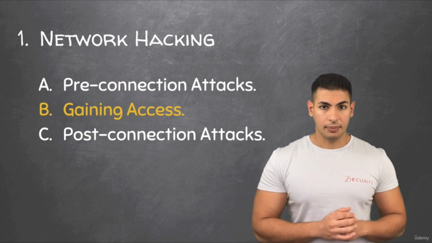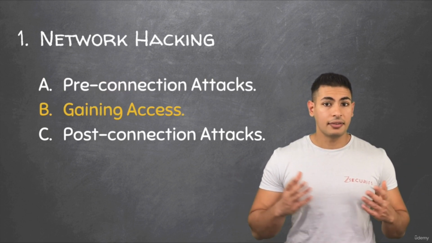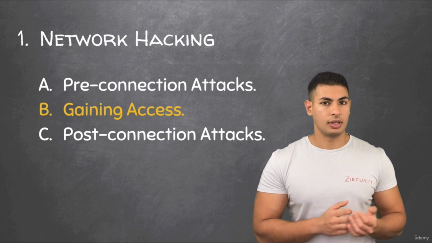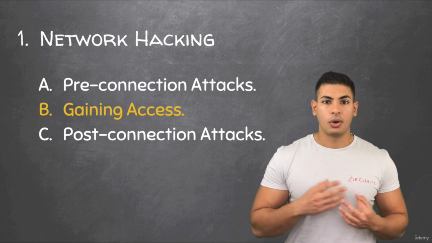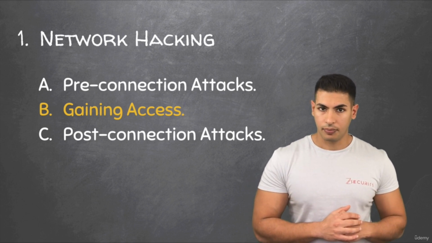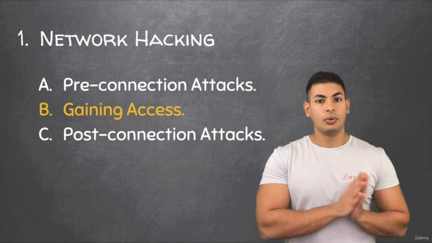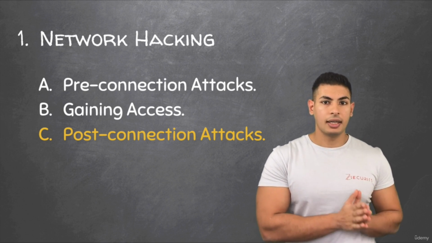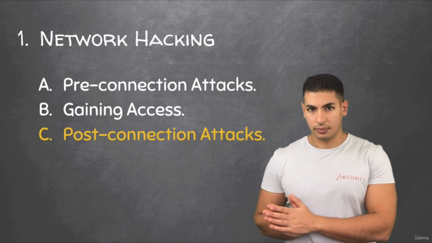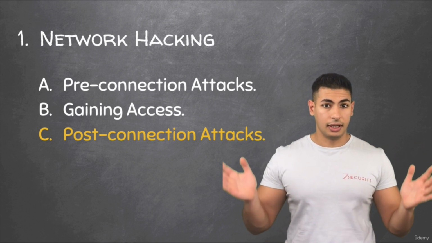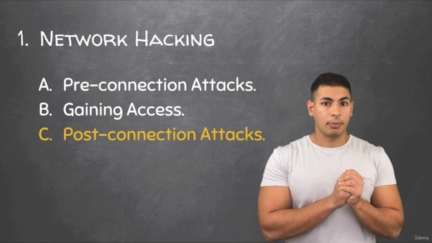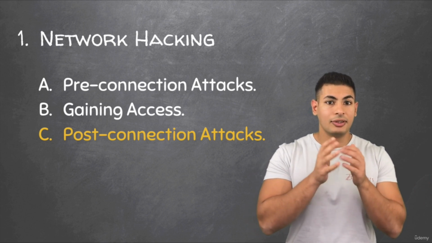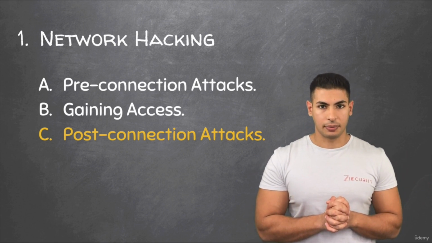In the second subsection, I'm going to show you how to crack Wi-Fi keys and gain access to Wi-Fi networks, whether they use WEP, WPA, or WPA2. Once you have the access, you can move to the third subsection, which applies for both Wi-Fi and wired networks. All of the attacks that you will learn in the third subsection apply whenever you are able to gain access to the network.